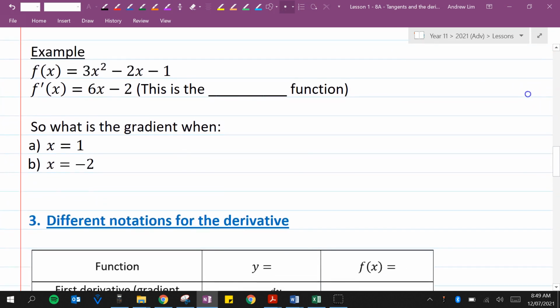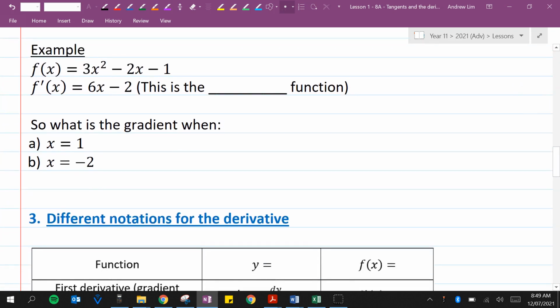Here's an example. We've got f of x, the function, is 3x squared minus 2x minus 1. And the derivative, f dash of x, is 6x minus 2. Now, we'll go through how to actually differentiate in another lesson. But this here is the gradient function.